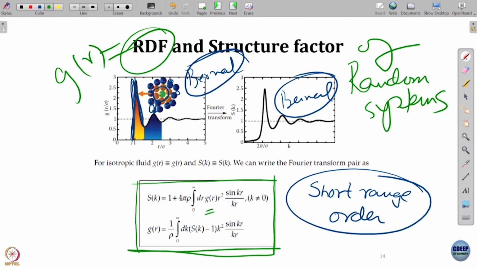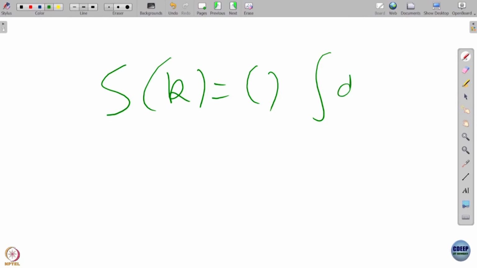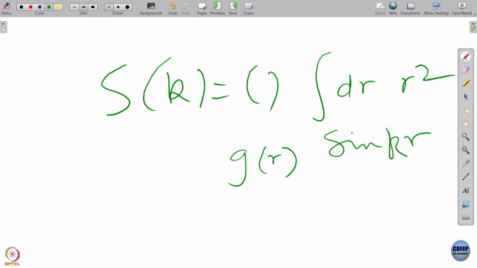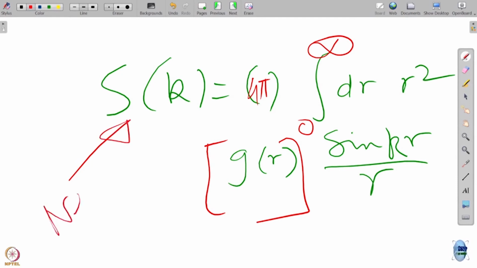So S(k) is essentially the Fourier transform of g(r). Other factors like 4 pi are here, and this is the one that I get from neutron scattering.